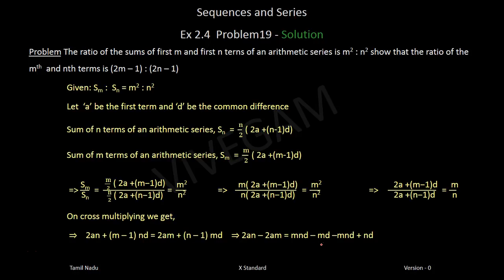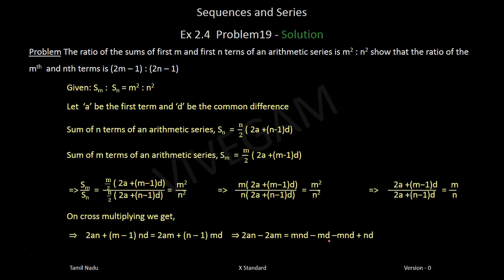So all that will go to the other side, and when you transfer it, you will see this m and d will cancel, and you will be left with nd minus md. Okay, now you can take 2a commonly out, so you'll get 2a into n minus m, and after cancellation, if you take d commonly out, you'll get n minus m. Then n minus m is common here, which can get cancelled.